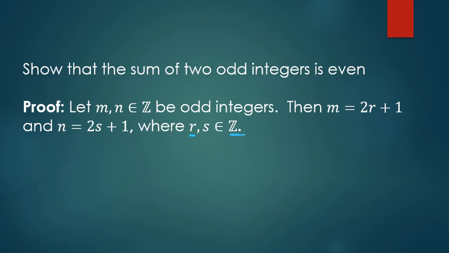And then also n was odd, so we can write n as 2 times s plus 1, where s is, again, some whole number. We don't know what that particular whole number is for r and s. That would be based on what the m and n values would be. But again, these are freely chosen odd whole numbers here.